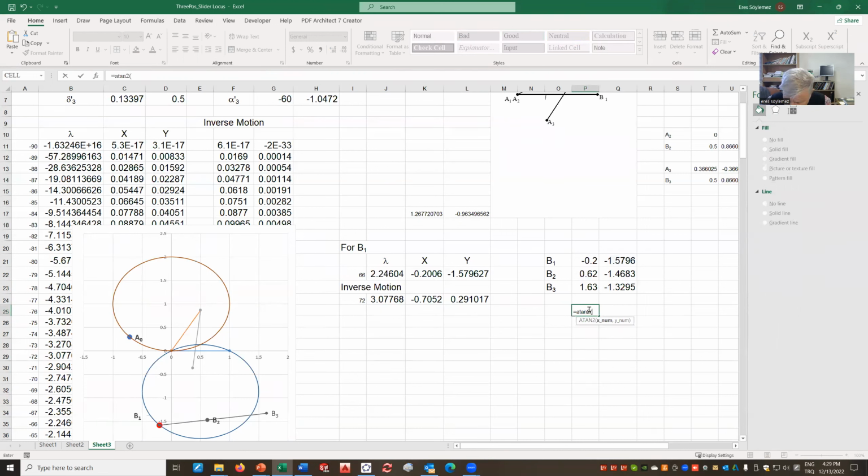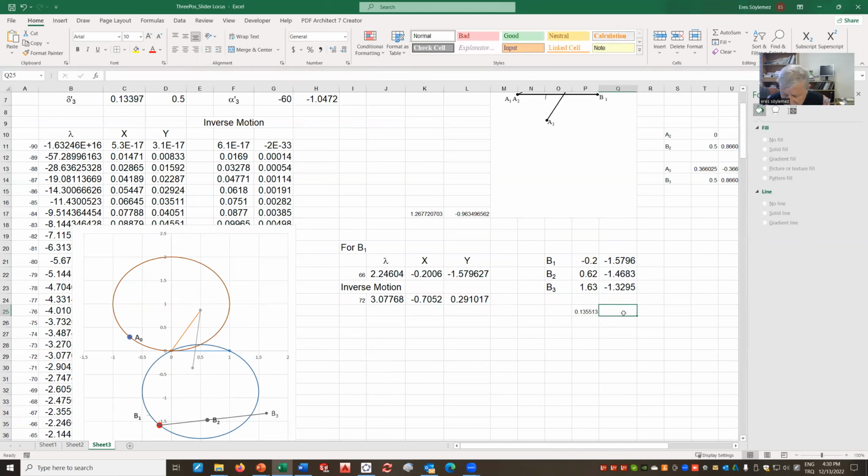A tan 2, open parentheses, open parentheses, x coordinate of B2 minus x coordinate of B1, comma, open parentheses, y coordinate of B2 minus y coordinate of B1, close parentheses, close parentheses.